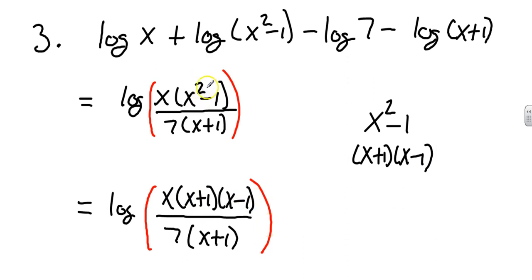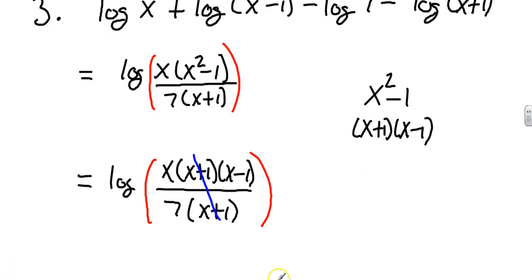So if you were to factor that x squared minus 1 to get it here, well, now you have x plus 1 and x plus 1. You could cancel those two things out, and make that the log of x times x minus 1 over 7.